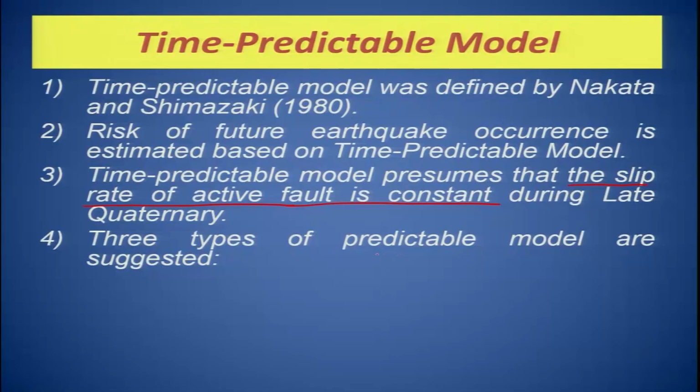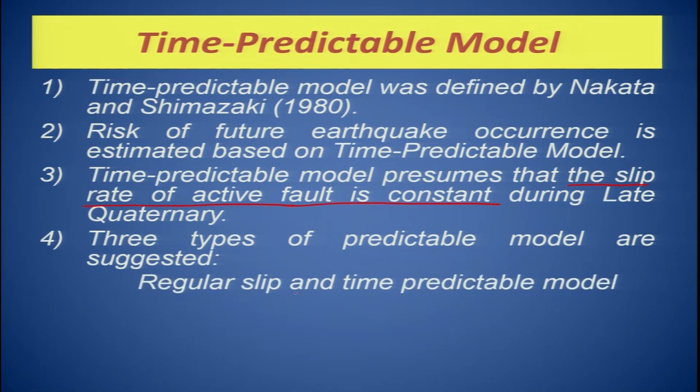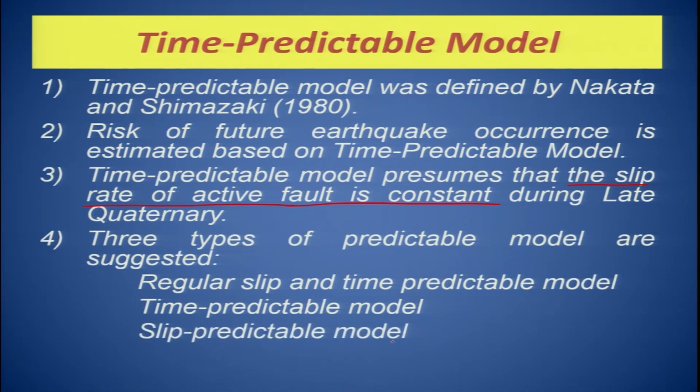So three types of predictable models are suggested: a regular slip and time predictable model, a time predictable model, and a slip predictable model. These three different types of predictable models were suggested by Nakata and Shimazaki in 1980.